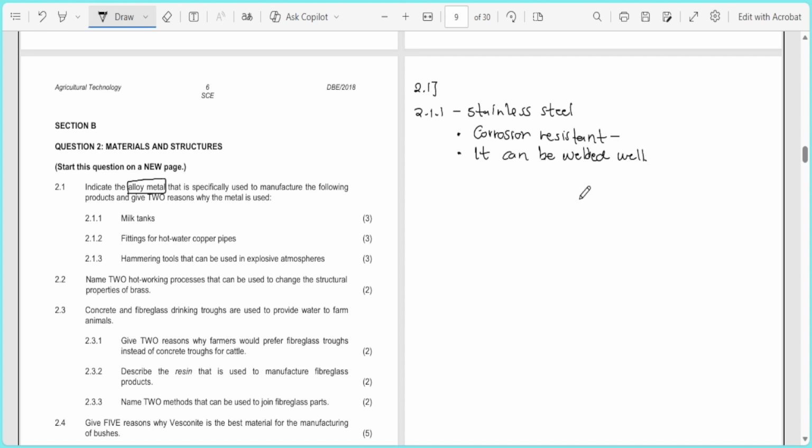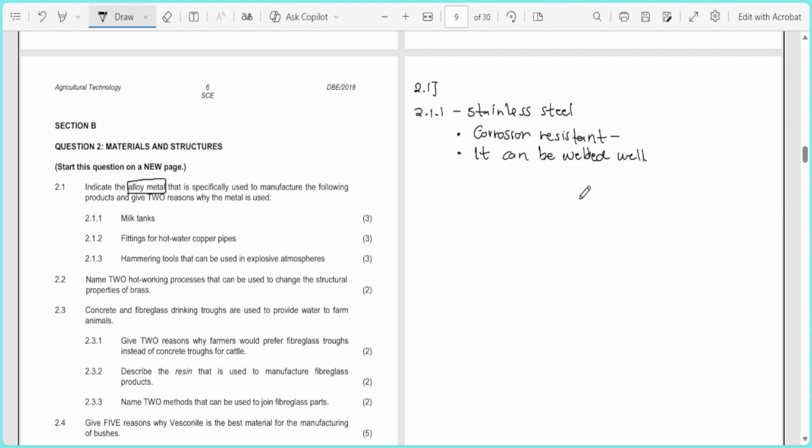Let me explain what I mean by this. Stainless steel is weldable, or it can be welded well, meaning that it ensures that the seams can be sealed perfectly during manufacturing and welding, maintaining a contaminant-free environment.